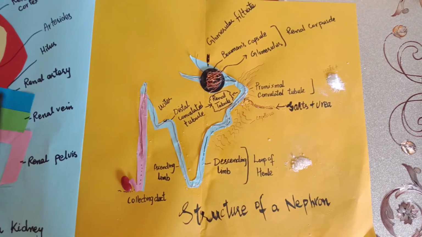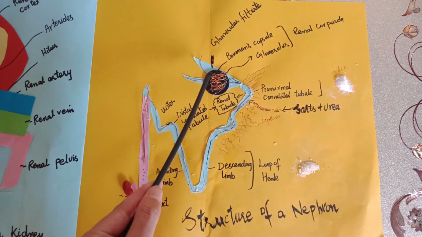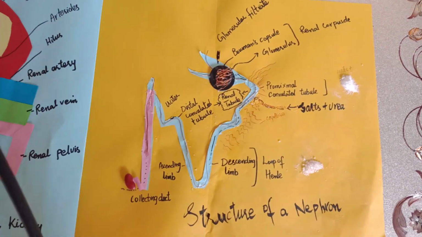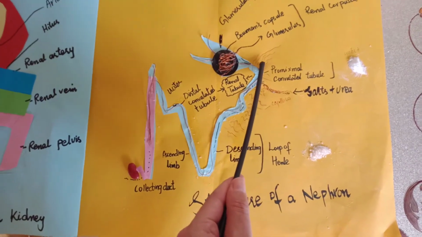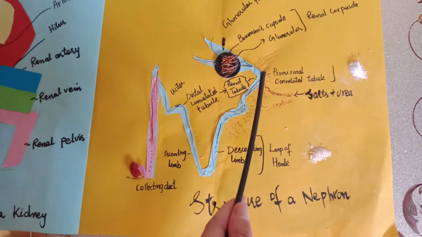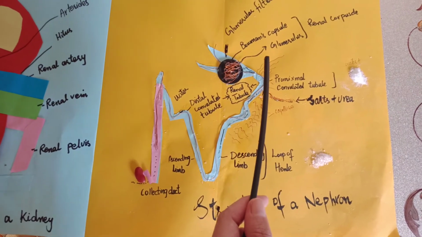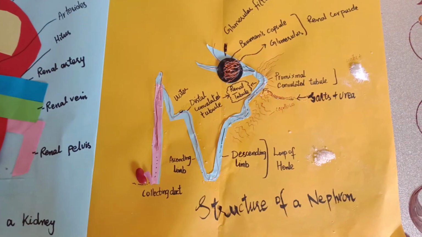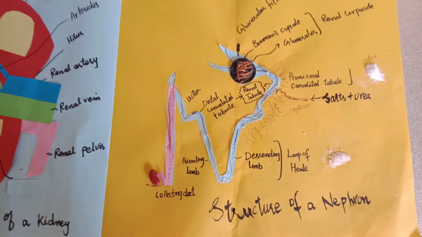If there is excess water in the blood, more water is filtered from this glomerulus to Bowman's capsule, and there is less absorption of water from the renal tubule to capillaries. In this way, excessive dilute urine is produced and the amount of water in the blood and body is brought to normal.